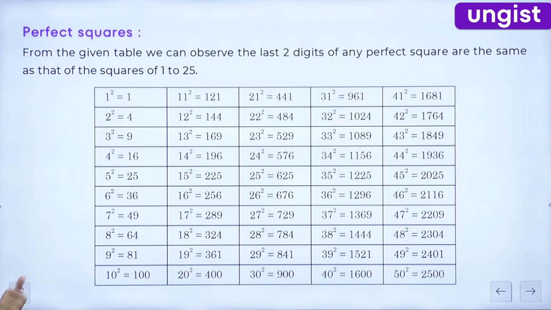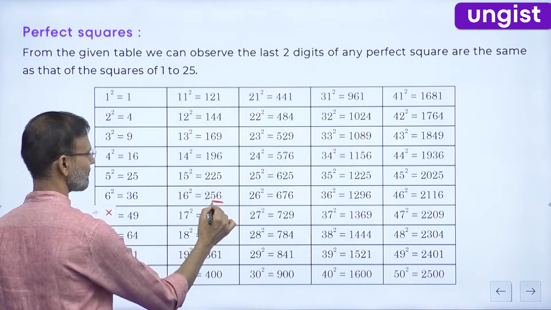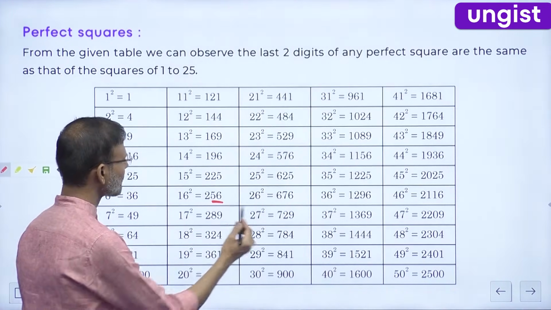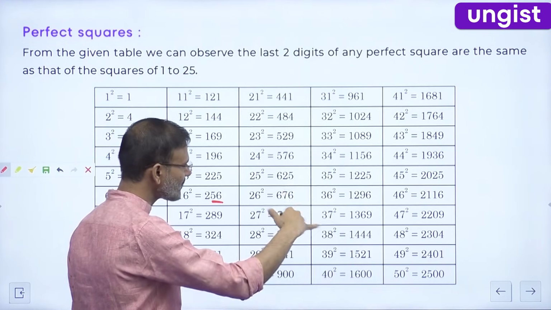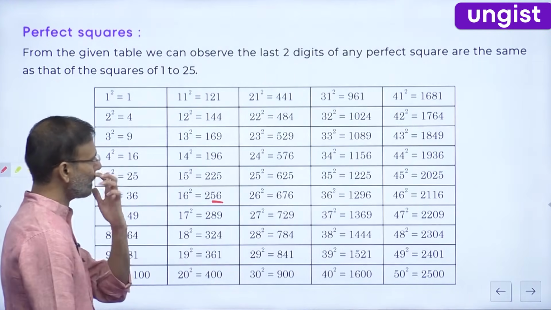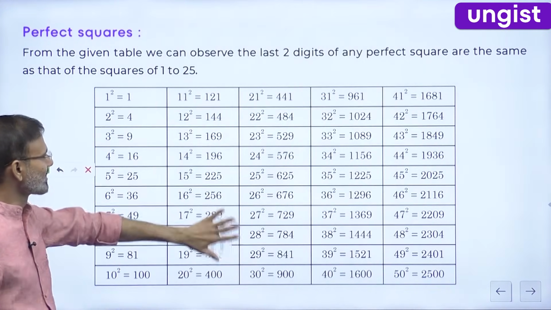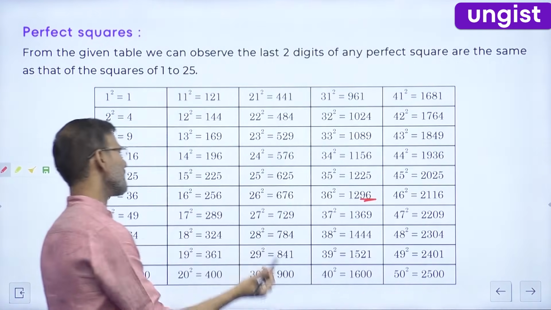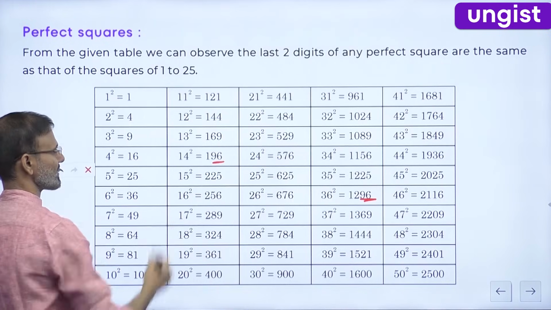Just look at these numbers. Suppose here you are getting the last two digits as 56, correct? 56. So after 25, everyone, please check. Suppose, like, the last two digits of 36 squared are 96, right? So here, this is 96.